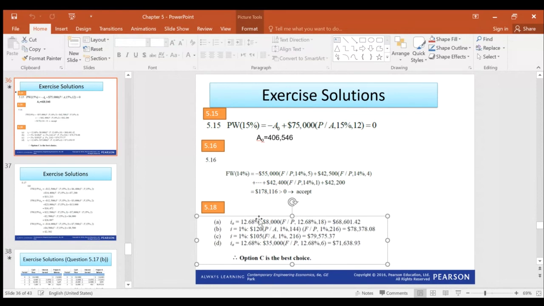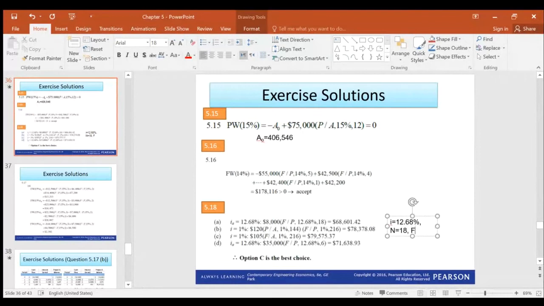This is how you calculate a future worth. Okay, so for part A, I equal to 12.68%, N equal to 18, and we can calculate F equal to P, which in this question is 8,000, multiplied by 1 plus I, which is 0.1268, to the power 18.